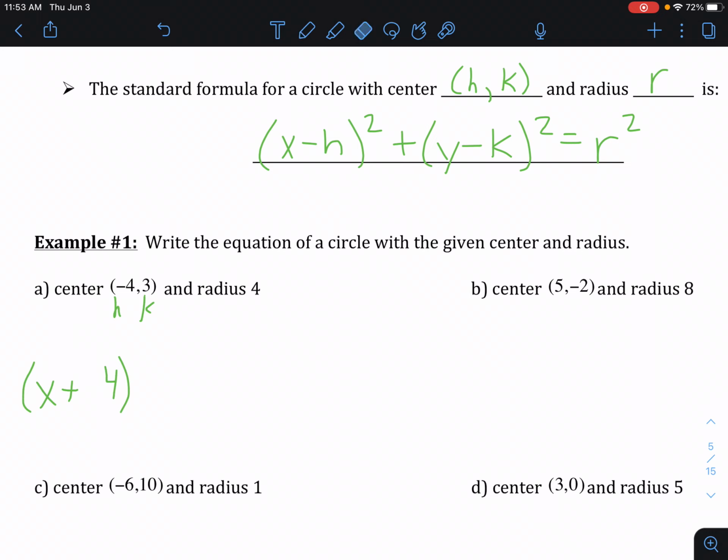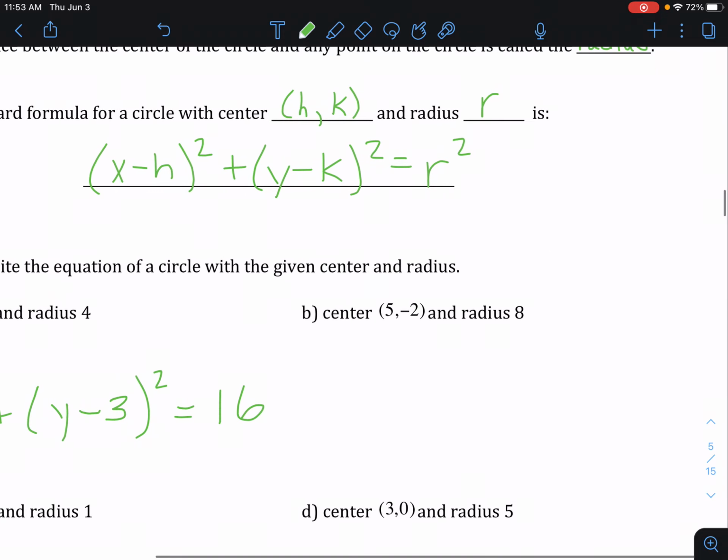So make it x plus 4, squared, plus y minus k squared, and then equals 16. The 16 came from, if the radius is 4, in the formula you need to square it.